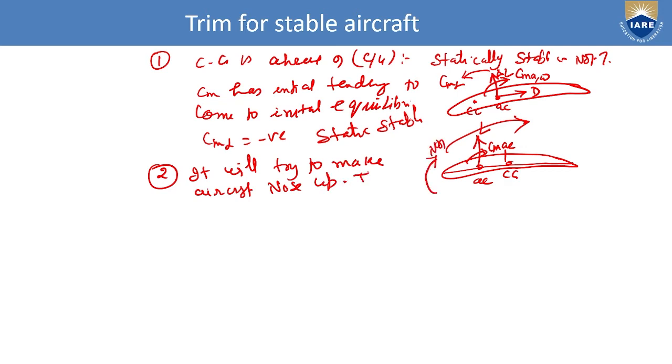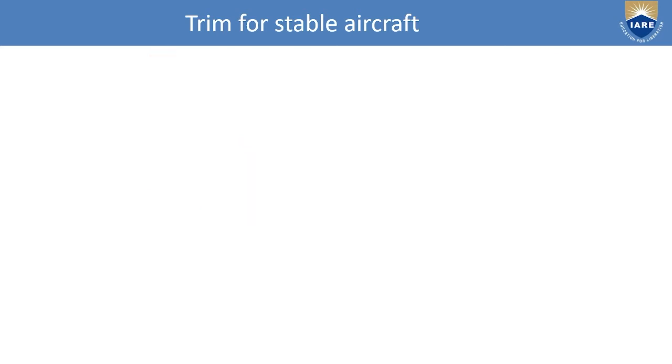So this case is unstable. Okay, this case is unstable, and this we can see here further in our trim and stable, that if I draw, I have already drawn the plot like this.